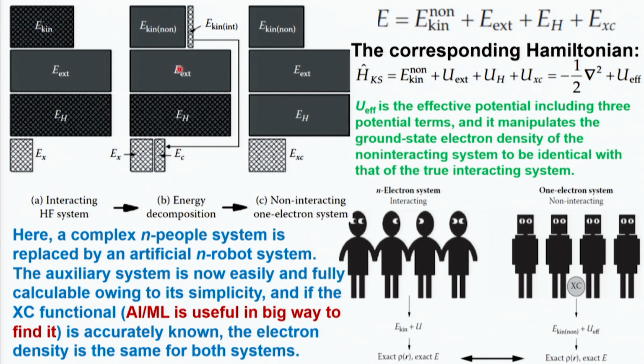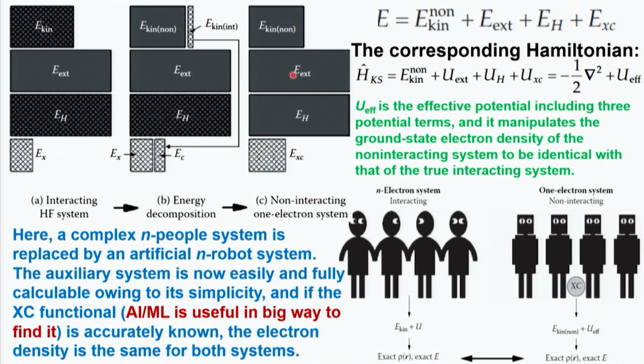The external term is the attraction between the nuclei and the electrons, where electrons are treated as non-interacting. And here also the electron-electron repulsion, again we do it as in the Hartree-Fock case. Okay. And now this exchange part we are writing into two terms, exchange and correlation. So, essentially all of these three terms are now non-interacting and this is the interacting.